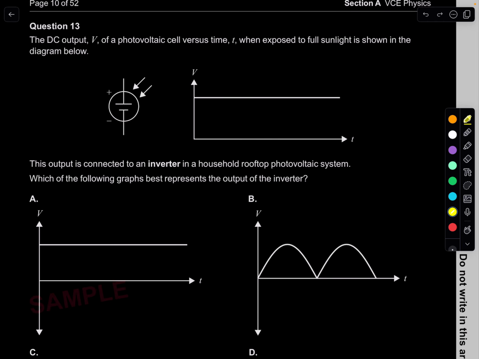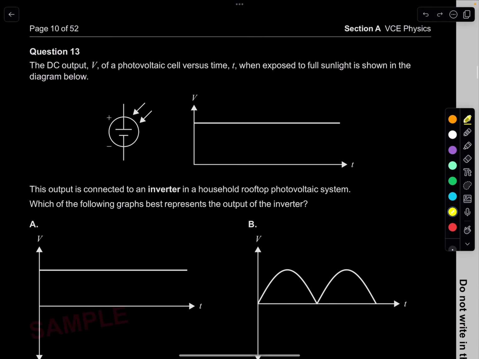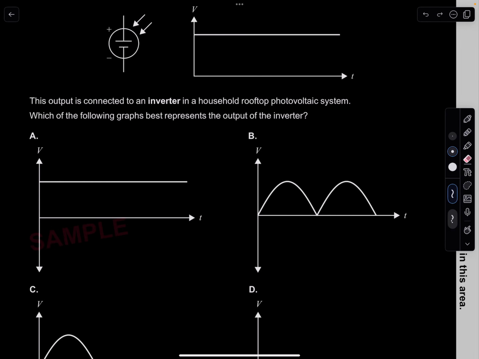The DC output voltage of a photovoltaic cell versus time when exposed to full sunlight is shown in the diagram below. Now remember, photovoltaics take the sunlight energy and produce DC voltage. So you can see that it's just a constant voltage, direct current. The output is connected to an inverter.